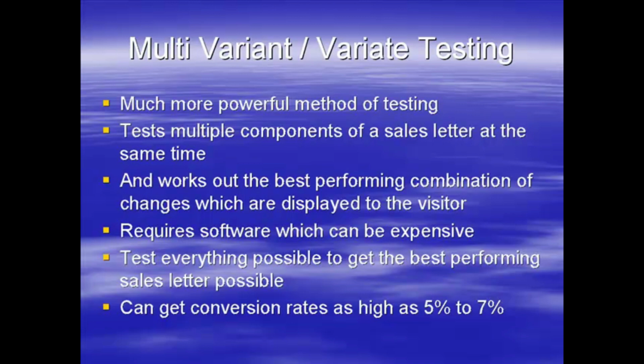You may start off with your first sales letter at 0.5 to 1%, maybe slightly higher. But what you'll find is, as you do the multivariate testing, so your conversion rate is going to get higher and higher and higher. And as I said, you can realistically expect sort of 3 to 5%, possibly even higher, with some persistence and some good tests.